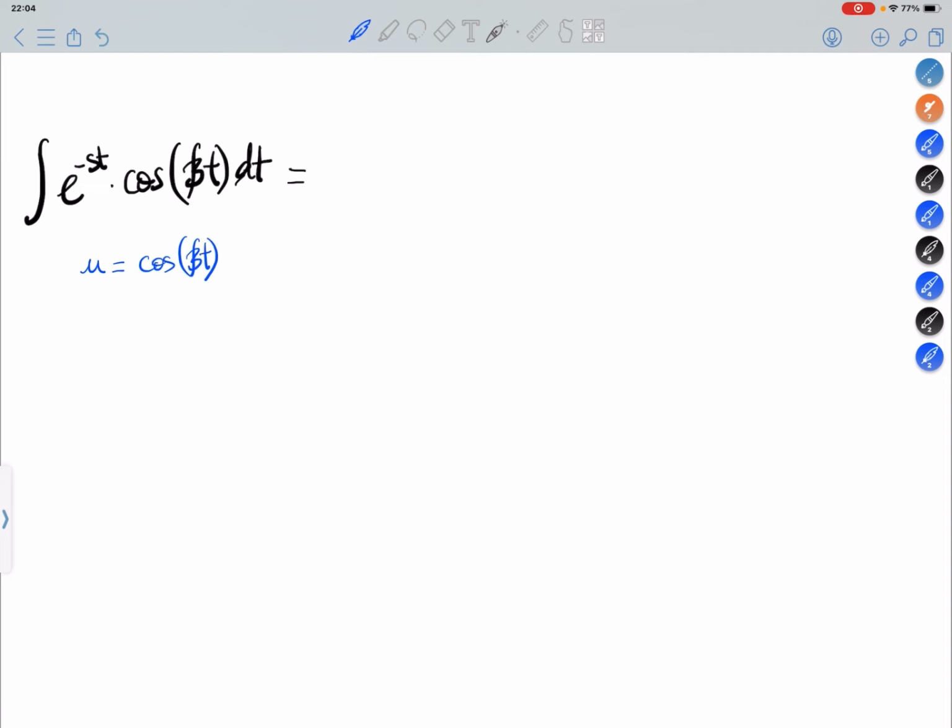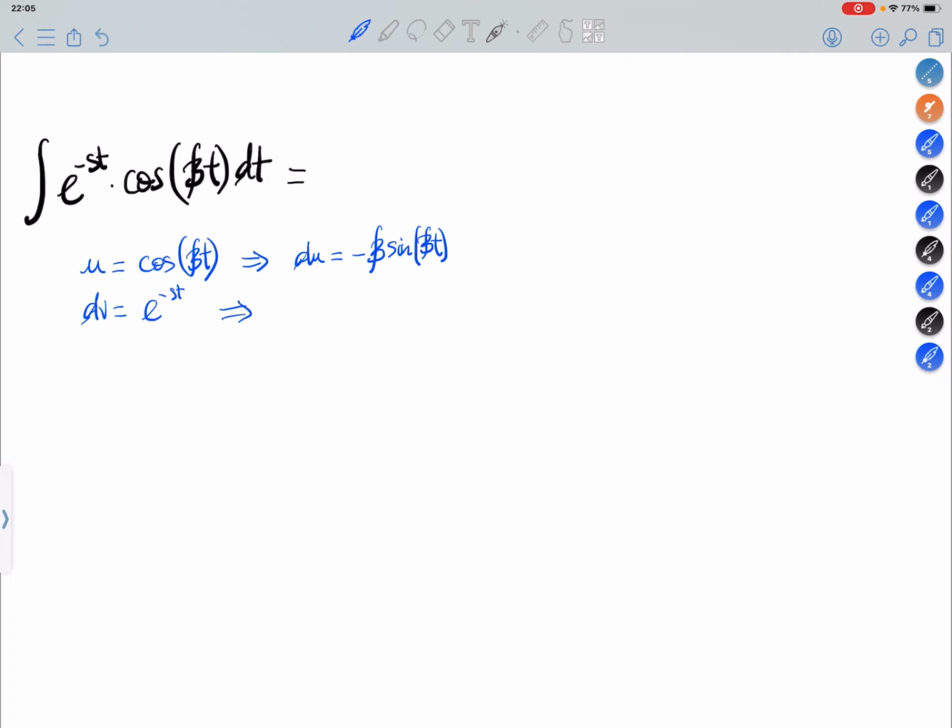So we let u be cos of beta t and dv be e to the power minus st. Now this implies that du, the first derivative of cosine of beta t, would be minus beta sine of beta t, because the derivative of cosine of beta t is minus sine of beta t, and then we multiply by the constant beta.